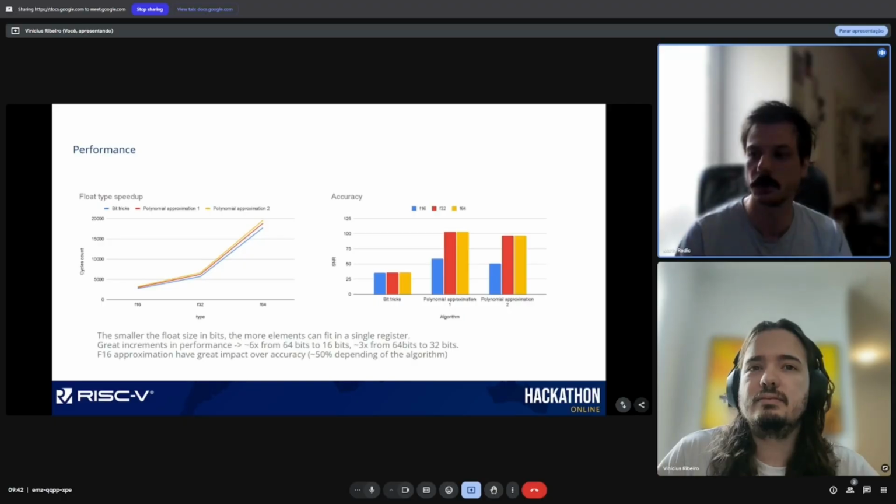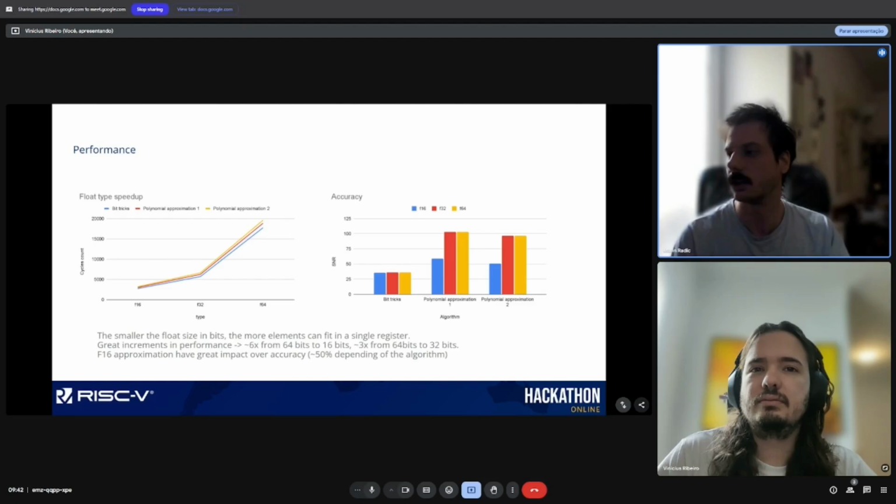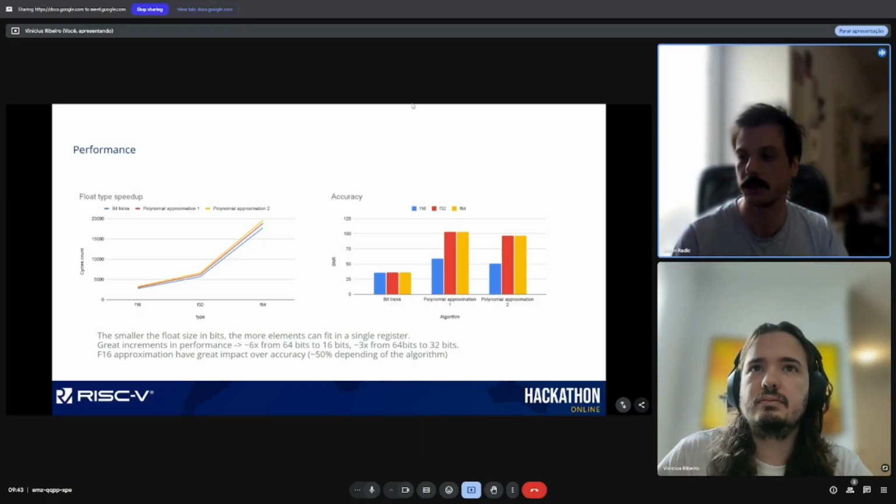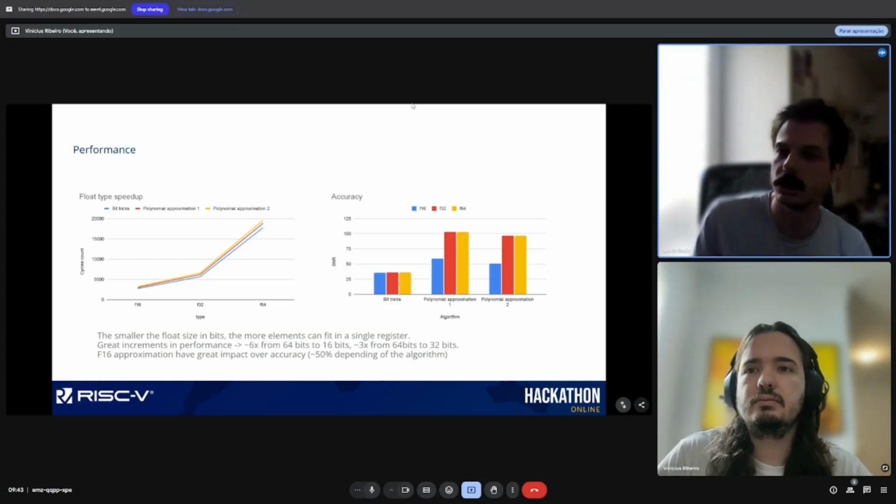From 64 bits to 16 bits, we had about 6 times performance increase, and from 64 to 32 bits, about 3 times. While the 16-bit implementation had the biggest performance increase, it took a significant hit to accuracy, about 50%, depending on the algorithm.